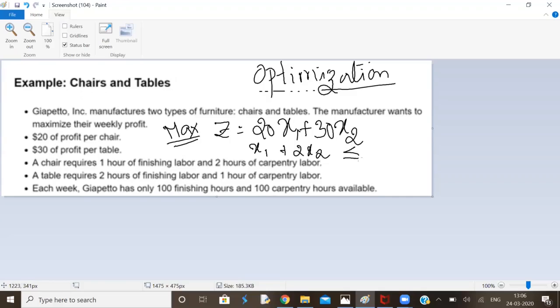Total available work hours are 100. Similarly, 2 hours carpentry labor for a chair, 1 hour carpentry labor for a table are required, and total available time is 100. So these are constraints. Subject to these constraints, we'll have to maximize the profit.